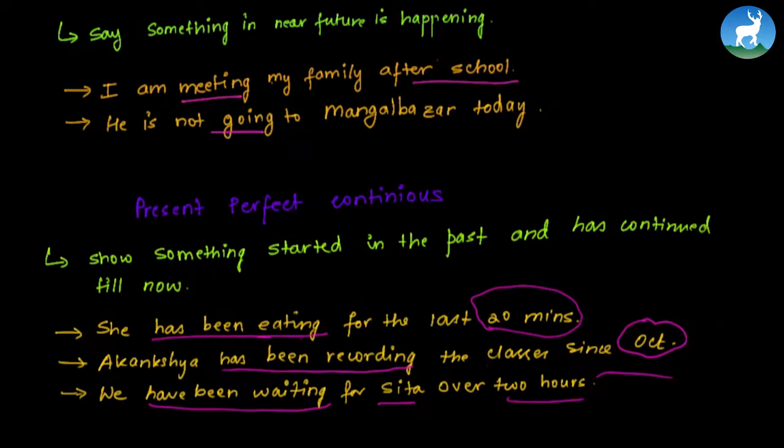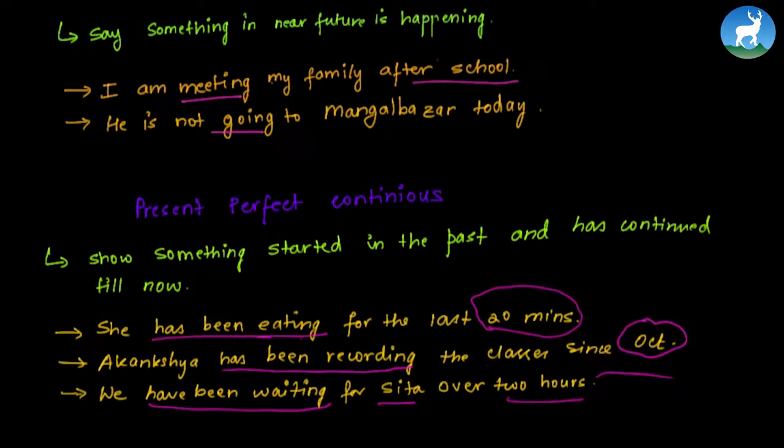Now the continuous tense can also be used with the present perfect form, and that is used to show something started in the past and has continued till now. It happened in the past, but it's still happening, so we use the present perfect continuous tense. For example, she has been eating for the last 20 minutes. For 20 minutes before, she was eating, and when I see her right now, she's still eating.